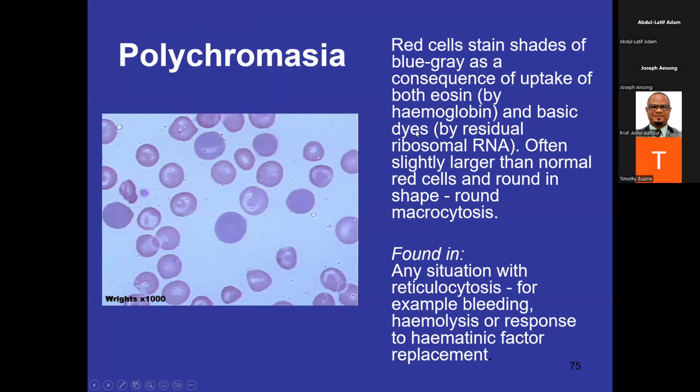So the cell is taking the basic dye because there's residual RNA. It's almost like a reticulocyte. All the RNA has not gotten out.